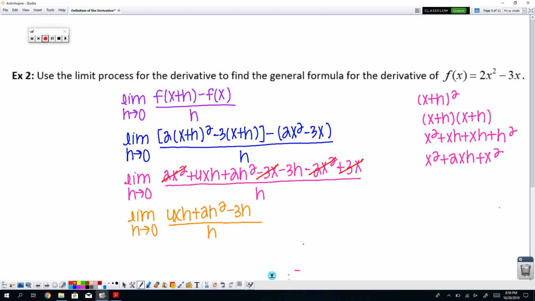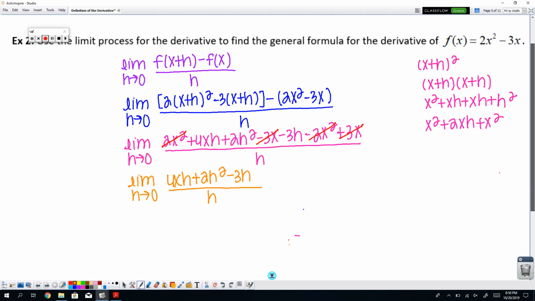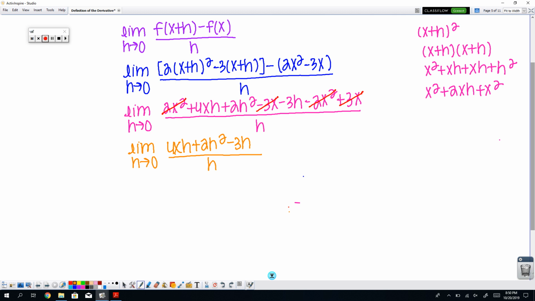all over h. Now, all this simplifying that we're doing is literally because we still can't plug in 0 because the denominator is just going to be divided by 0, and then we can't do that. So we're going to keep simplifying. So I'm going to do the limit as h approaches 0. And it looks like everybody has an h up top, so I'm going to get rid of it by factoring it out.